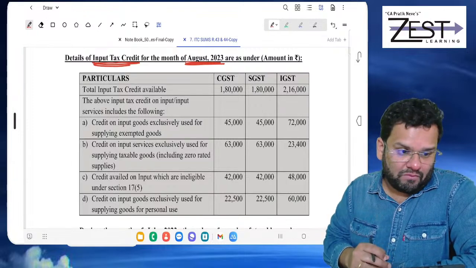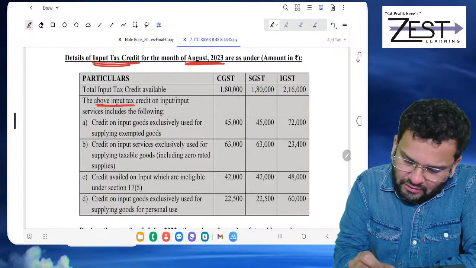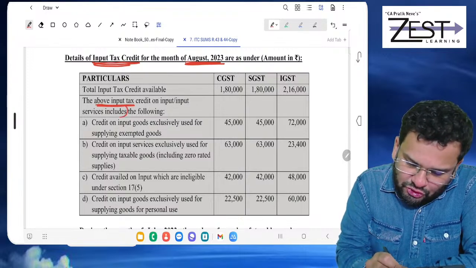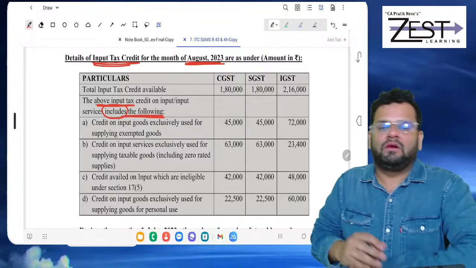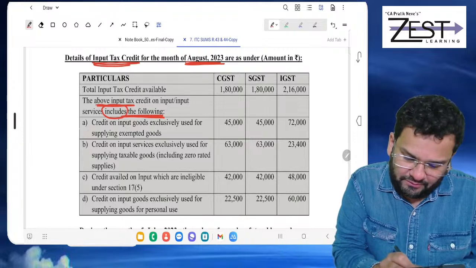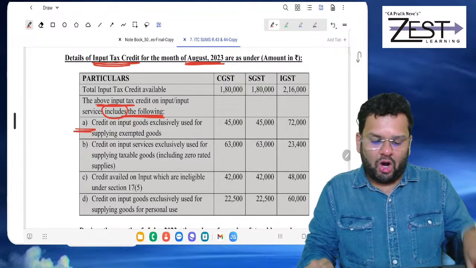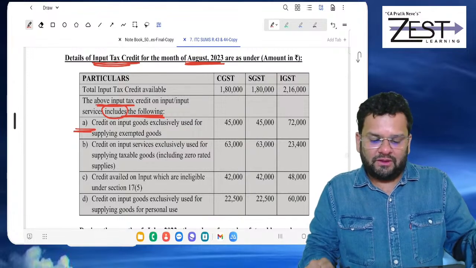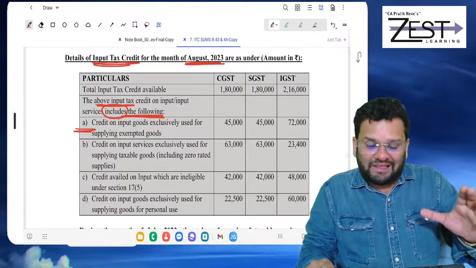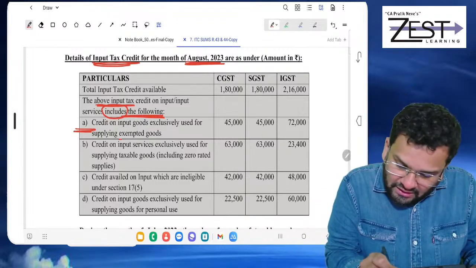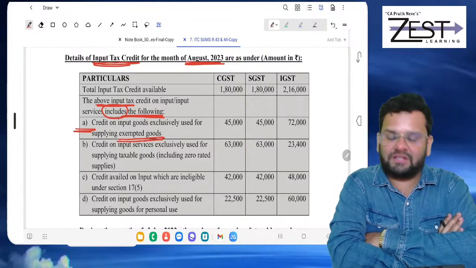But above input tax on inputs and input services includes the following. Now you will tell me, in this point A, will ITC be available? Credit on input goods exclusively used, means used only for supplying exempted goods. Will ITC be available in this case?